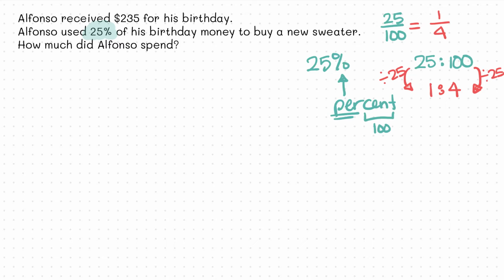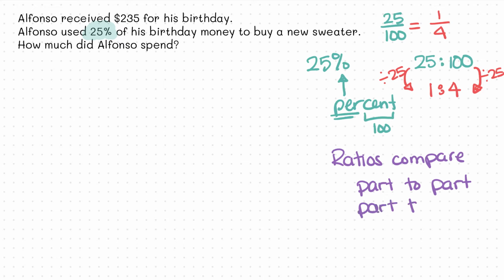And then if we think back on when we first started learning about ratios, we talked about how ratios can compare different things. We talked about how it can compare a part to a part, but it can also help us compare a part to a whole. So in our case here, the 25%, or 25 over 100, or 25 to 100, that's comparing a part to a whole.